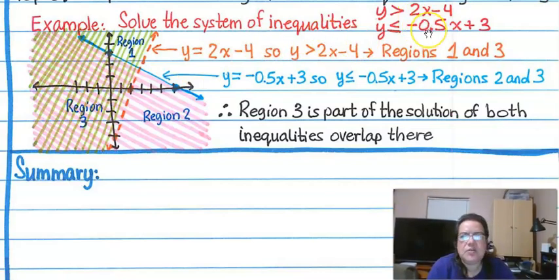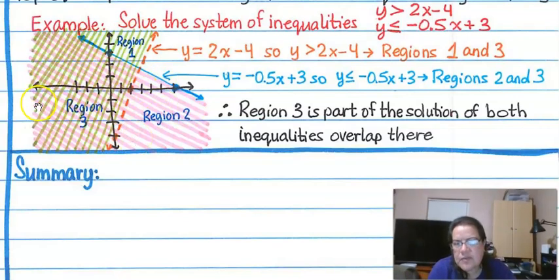So now we're dealing with regions instead of being on a line or touching or intersecting. If any point is in this area, for example, a point right there, then it's part of the solution because it's both under this graph and on top of the other.